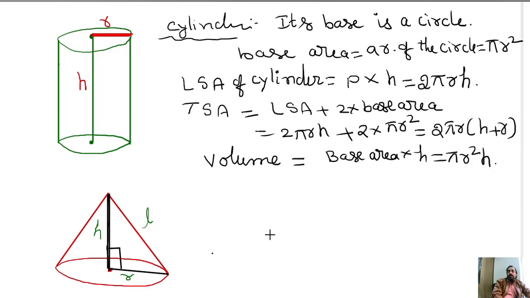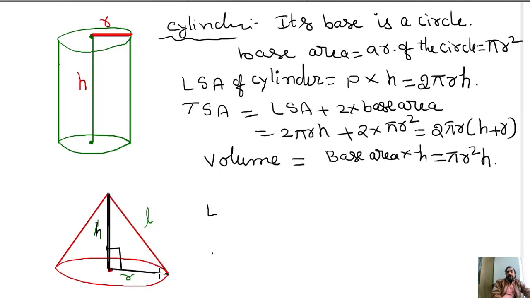This is about cylinder. Now coming to cone. There is a very close relation between cylinder and cone. A cone is like a joker's cap or an ice cream cone. It contains only one base, and the other end is sharp. The line joining the vertex to the center of the circle is the height h, this is r, and this is the slant height.